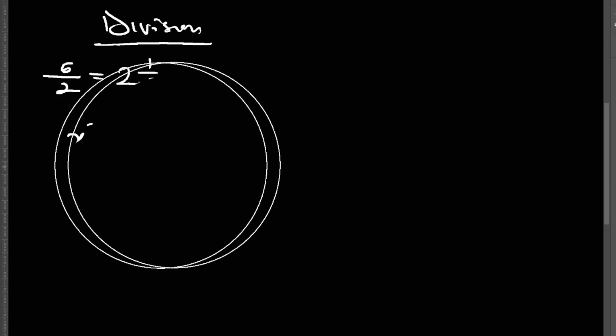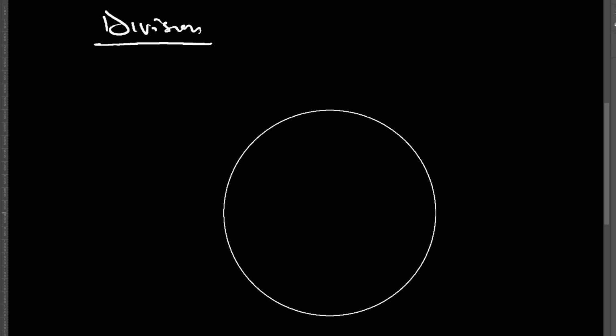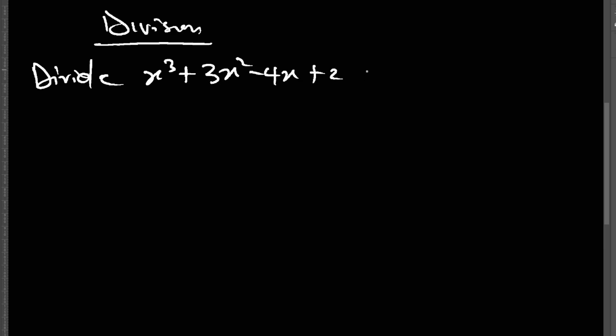Okay, so another example I would like us to know is this. Let's say divide x cubed plus 3x squared minus 4x plus 2 by x minus 1.